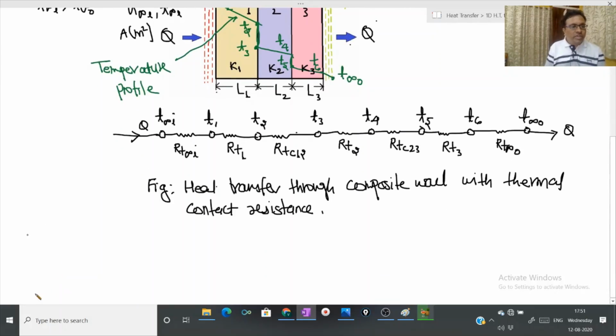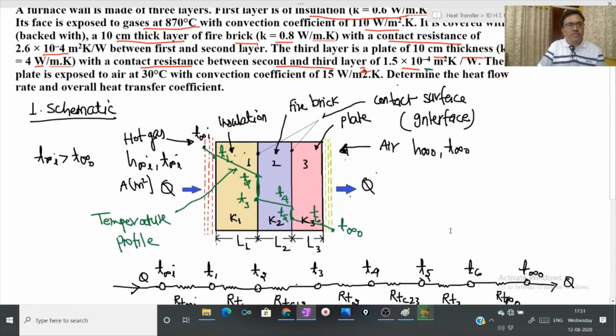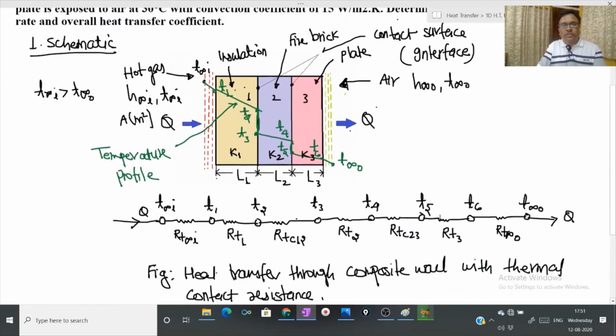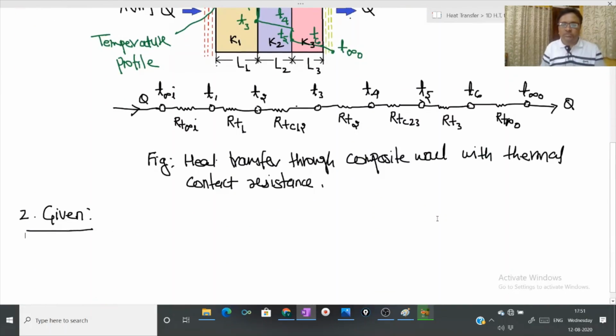The second point is, let us enlist all the given things. So let me refer. I have this problem with me. A separate problem statement is there.